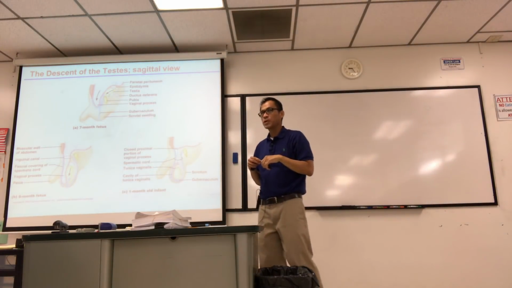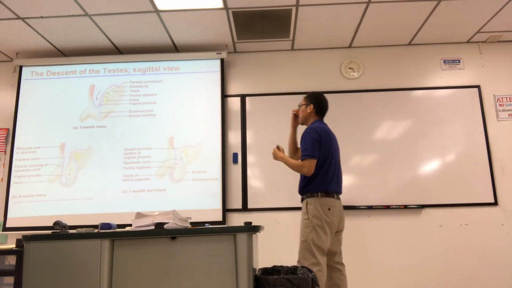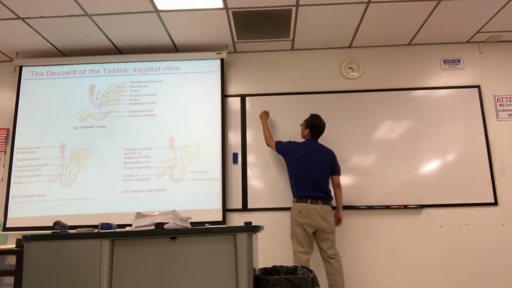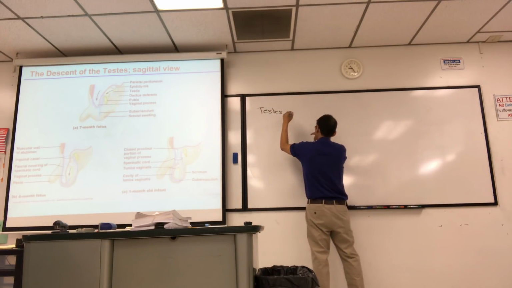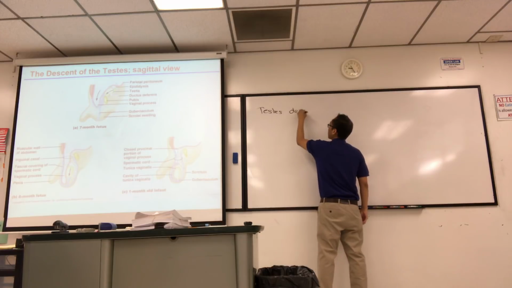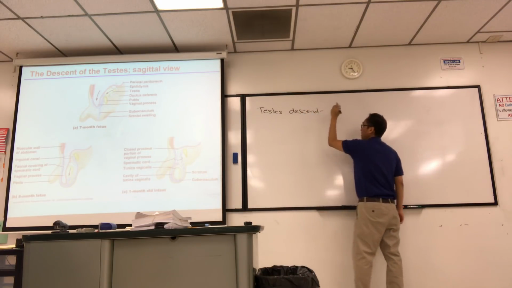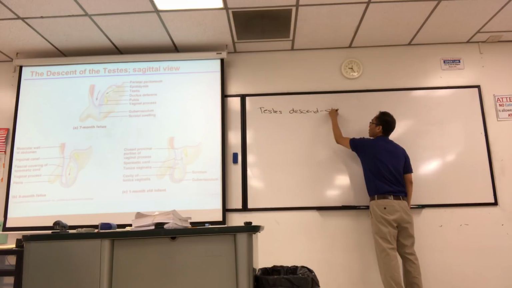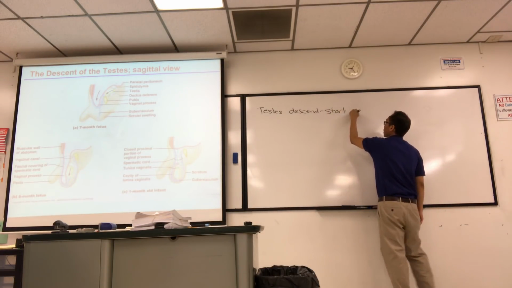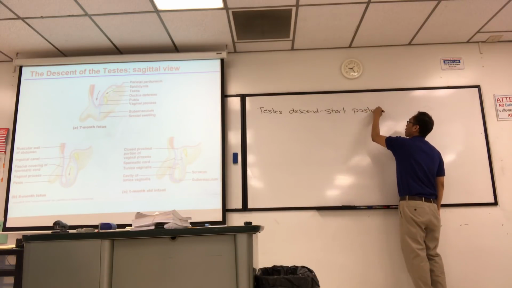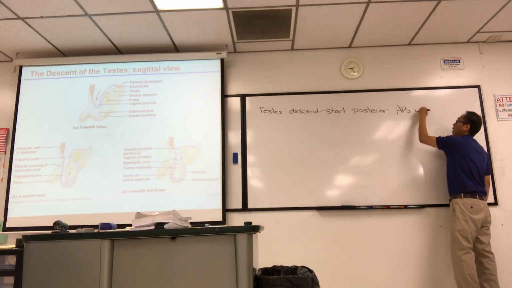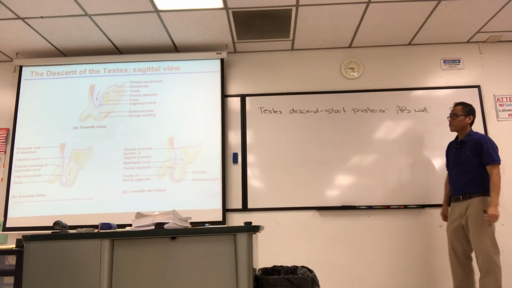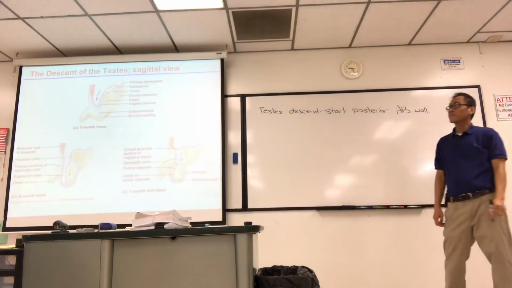As you can see from the picture, the testes start on the posterior pelvic wall. So I'm writing: the testes descend, they start on the posterior abdominal wall.